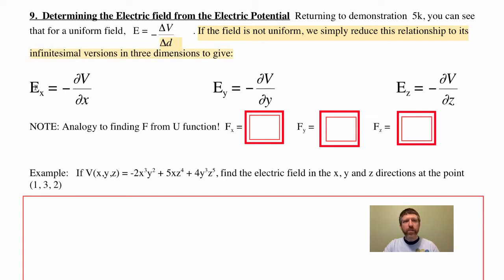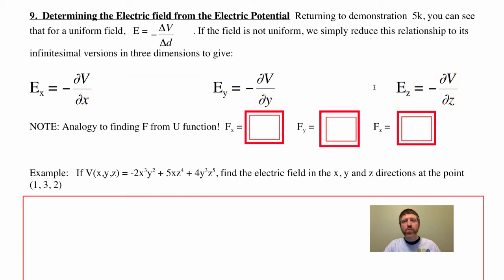And very similar to the fact that the force in the x direction is the partial derivative of the potential energy function, negativized, can't forget that negative, the field in the x direction is the negative of the partial derivative of the potential function. So the field in the x direction is negative ∂V/∂x, the field in the y direction is negative ∂V/∂y, and the field in the z direction is negative ∂V/∂z.